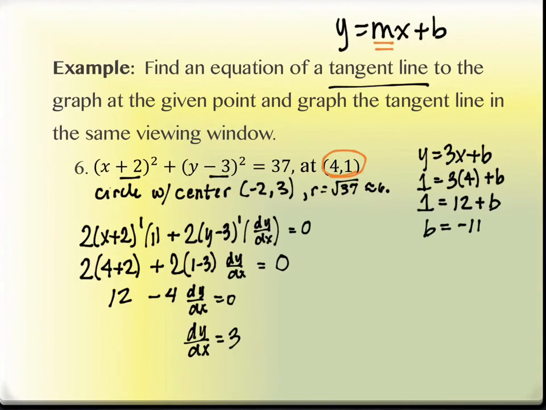I have a center, what was it? Negative 2, 3. That's here. And my radius is approximately 6. So we're a little bit more than 6 in each direction.